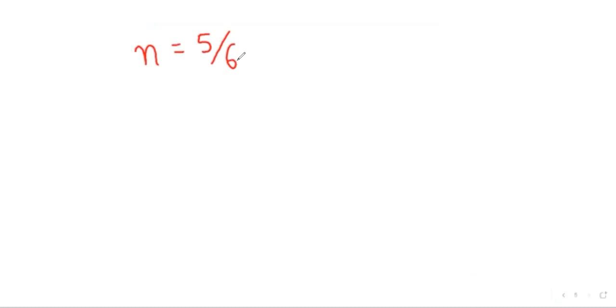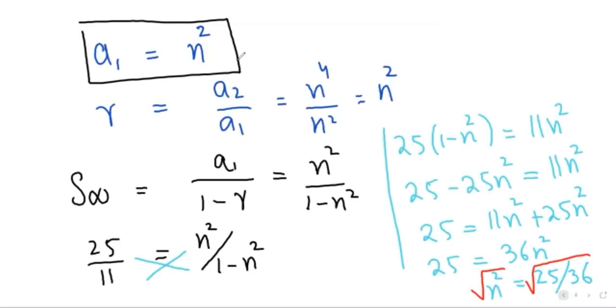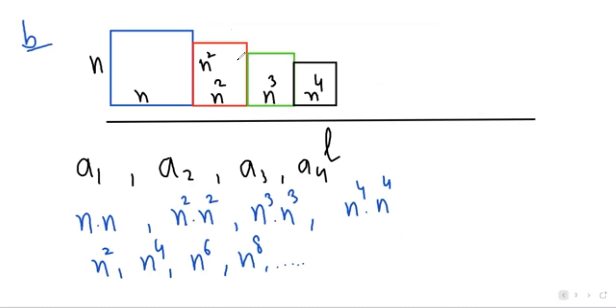Now let's see the geometric sequence in lengths. From here to here, it is n. From here to here, it is n squared. From here to here, it is n cubed.